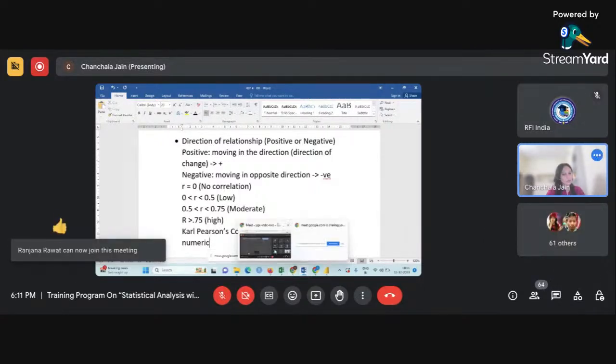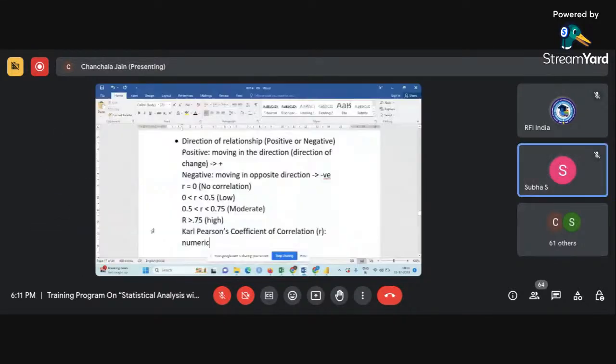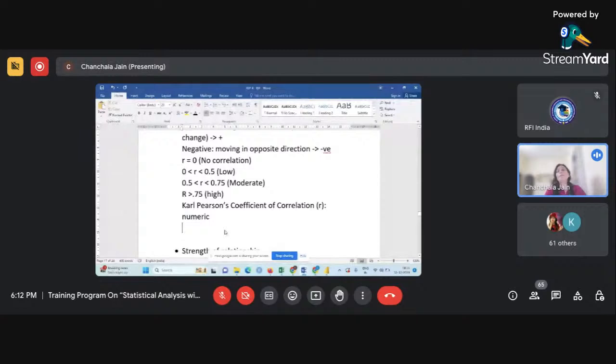Fine. Now talking about how we can apply this correlation in Excel. There is a function called CORREL, and in that you need to pass your arrays to get the value of correlation.